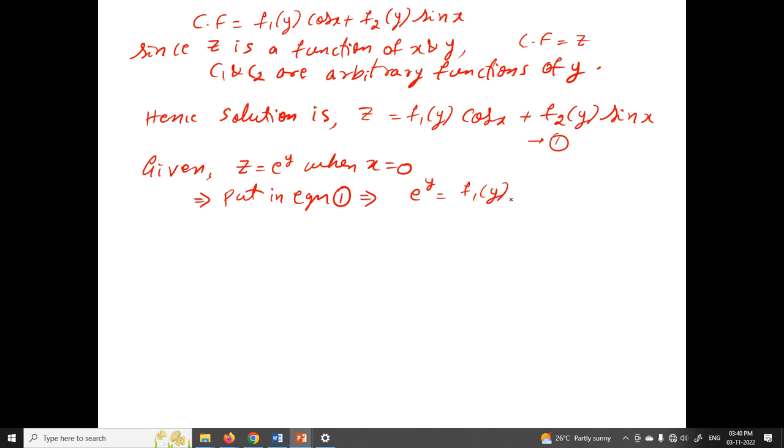Yes, please tell me, what is cos 0? 1, sir. Yes, very good, it is 1, plus f2(y) sin 0, which is 0. Therefore if you simplify this, you will get f1(y). So therefore z is equal to e raised to y.